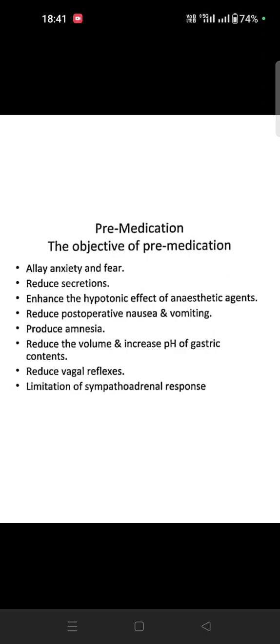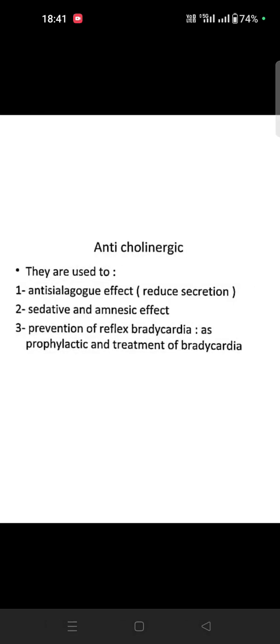Pre-medication means reducing anxiety or fear, reducing secretions, reducing the effect on the anesthetic agent, reducing post-operative nausea and vomiting, producing amnesia, reducing the volume and increasing the pH of gastric content, reducing vagal reflex and limiting sympathoadrenal responses. Anticholinergics are used for sedation of the patient.